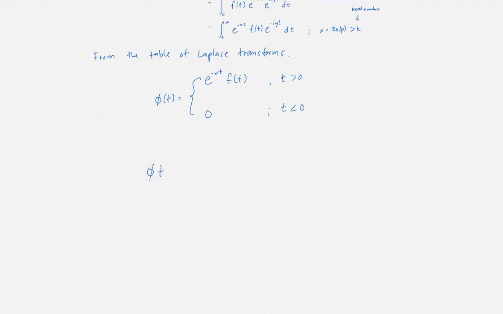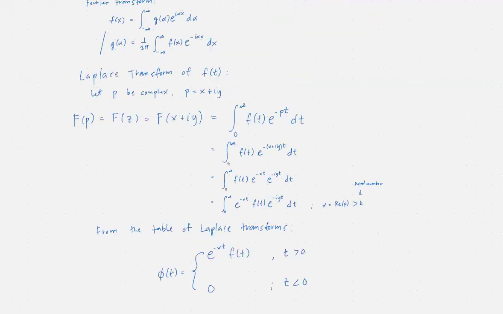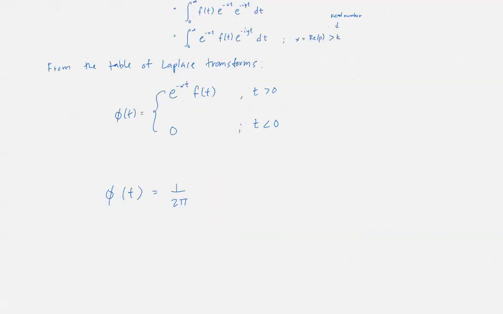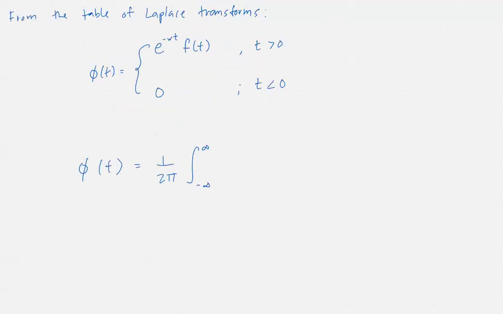Recall our inverse Fourier transform. It's just 1 over 2 pi integral from negative infinity to infinity. Then we have our f of y. But our f of y is capital F of x plus iy e raised to iyt, and then we have dy.